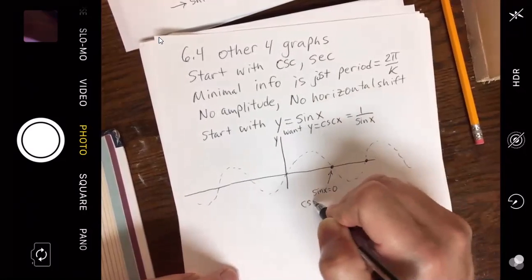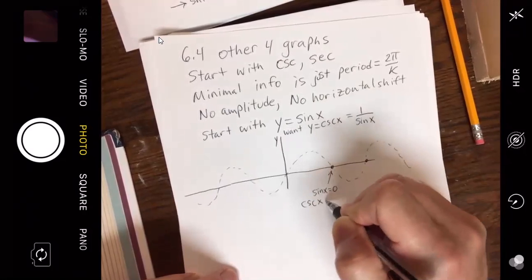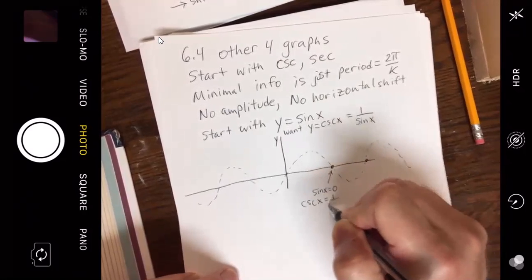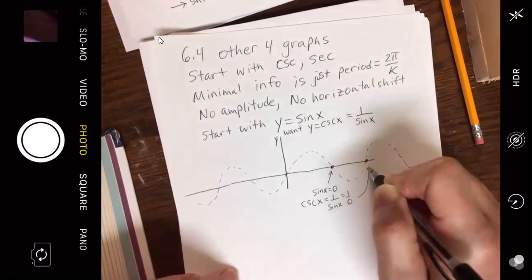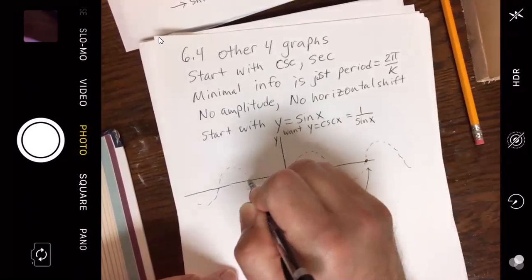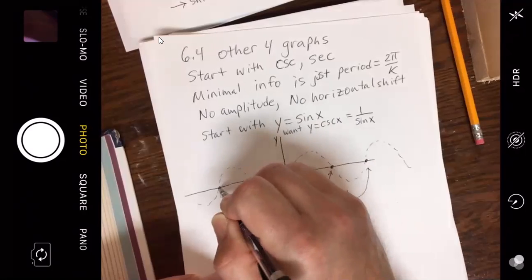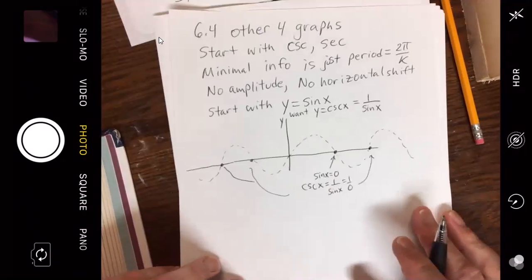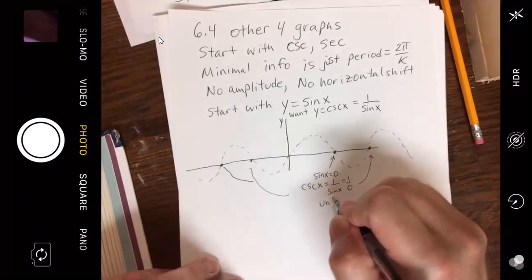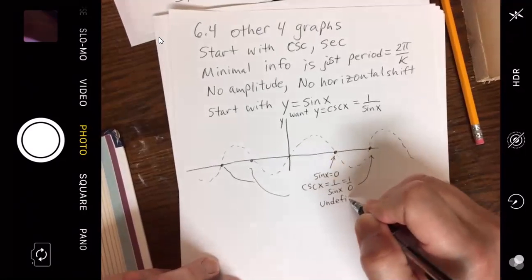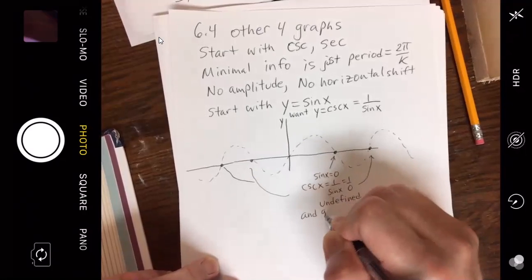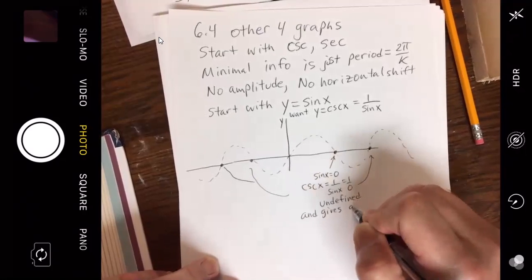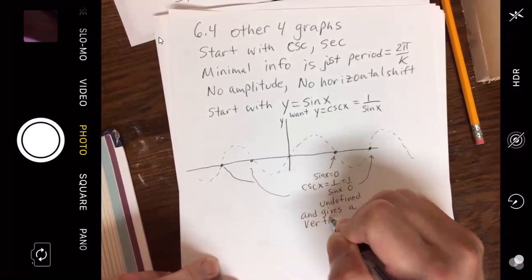Cosecant of x would be 1 over sine, which is 1 over 0 at every one of those x-intercept points, which is undefined, and gives a vertical asymptote.